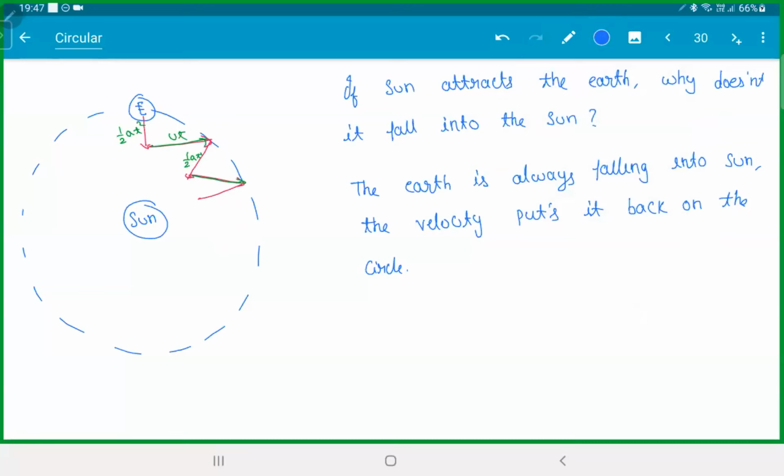So let me make a statement here. People have this misconception: if you go in a circle, you get a force. That goes wrong here. Listen to this. This is the whole crux of uniform circular motion.